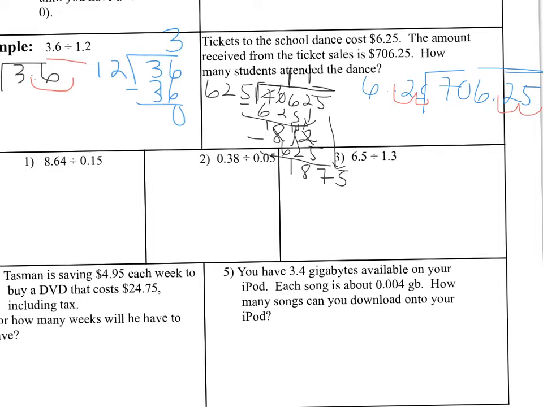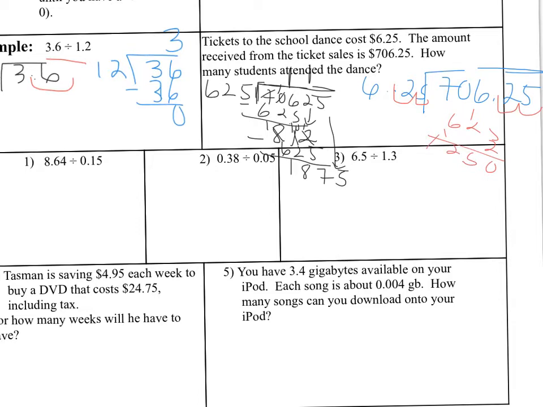How many times does 625 go into 1,875? Okay. Well, you know at one time it can go in. Let's see if it can go in more than that. So can it go twice? Yes, it can probably go twice. Let's try it. Well, 625 times 2 is going to be 1250.